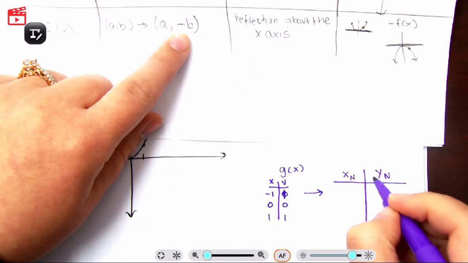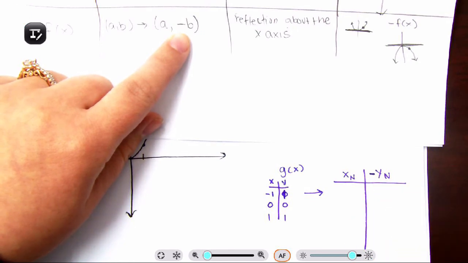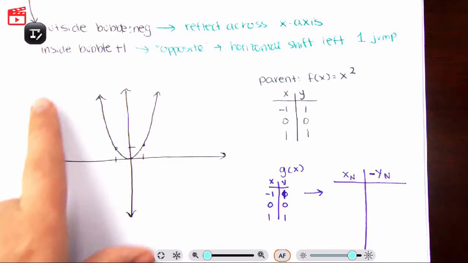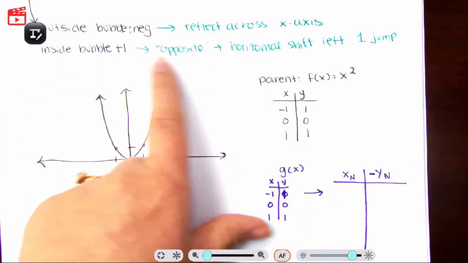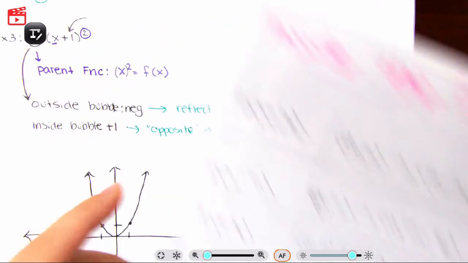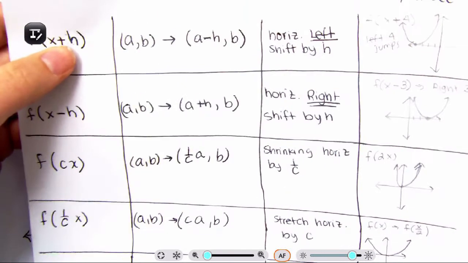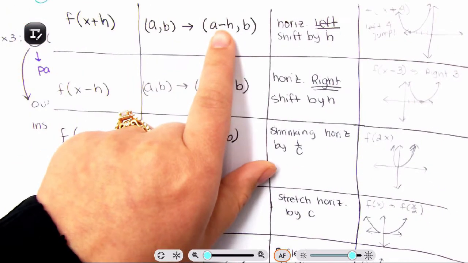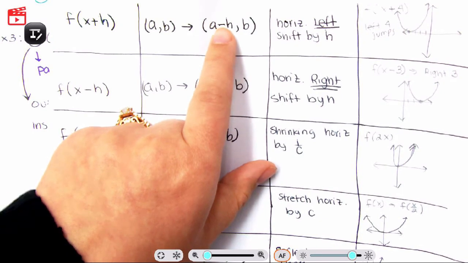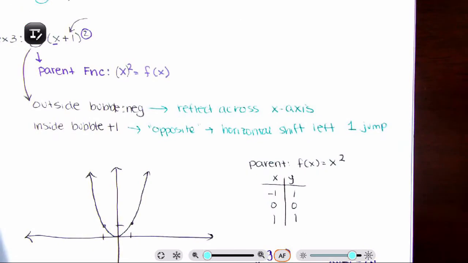So I'm going to say I need a negative on my y. Okay, and then what did we say? We said that that's reflecting. So now we have the opposite of +1. I have a +1 inside the bubble. So I'm looking for inside the bubble plus, there it is. And so here's my x value. A is x value. And so I'm subtracting by my h. So here it is, and I'm going to subtract by my h value, or in this case, by 1.